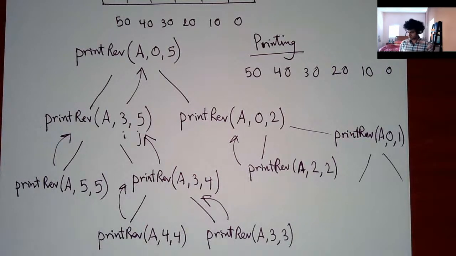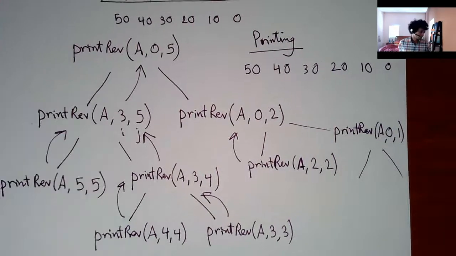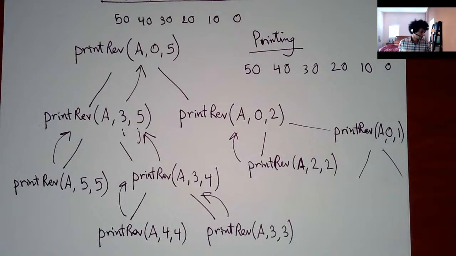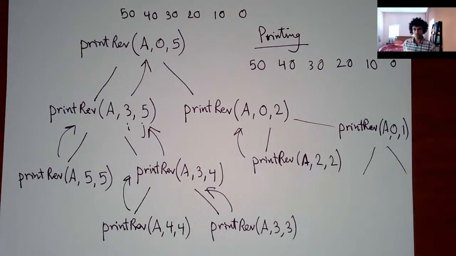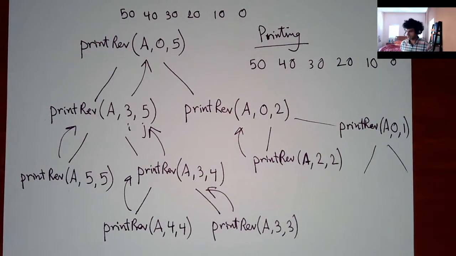So this picture is really useful. Now let's think about how this is actually getting implemented. And the implementation is actually done through a stack. Okay, so now let's walk through this process a little carefully.